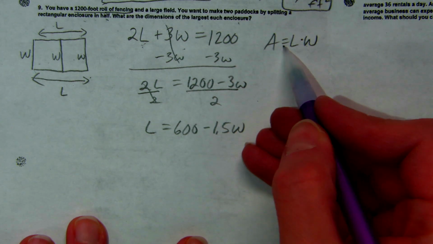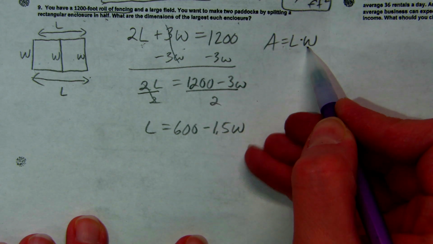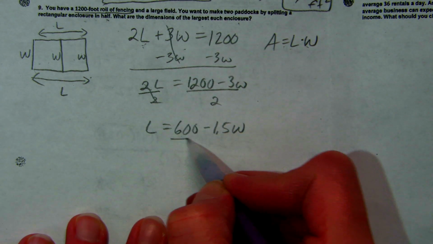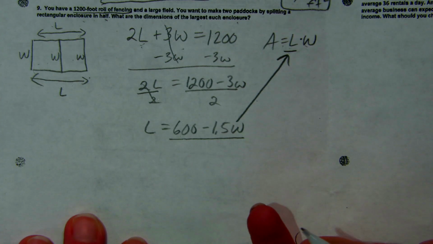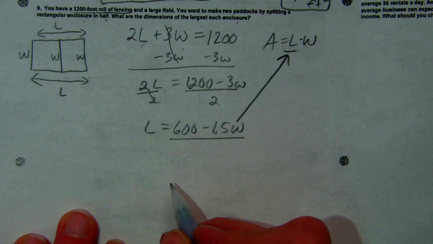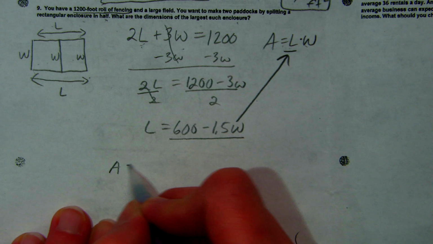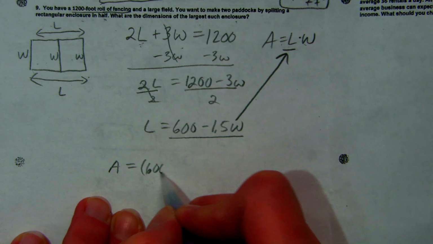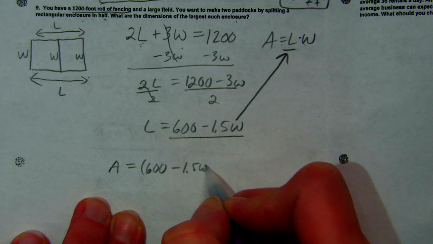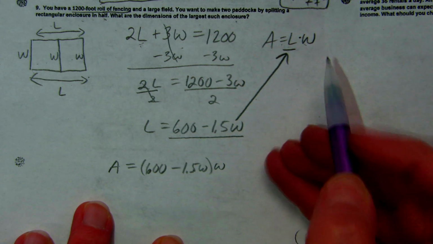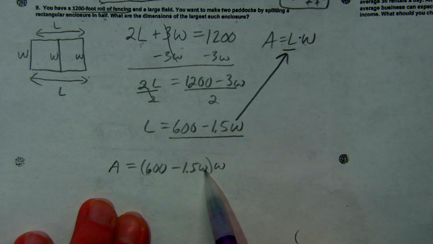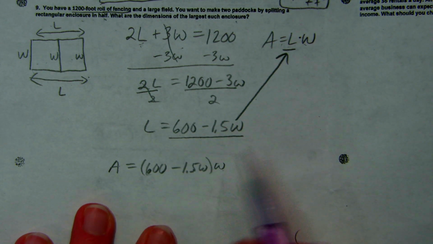So my area is length times width. All of this is the length, so I'm going to substitute it for length in that formula up there. My area is going to be 600 minus 1.5W, in parentheses to group it, times the other W. This is the length written in different terms times the width.